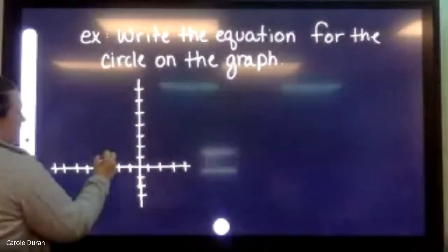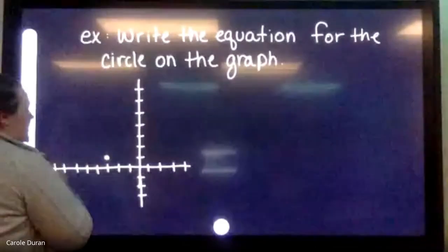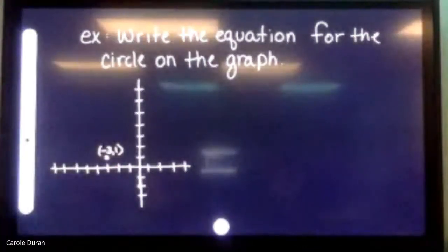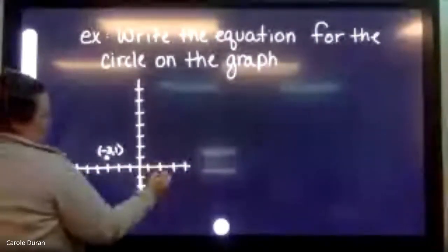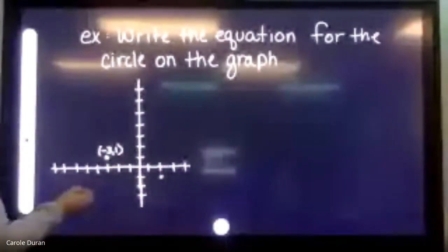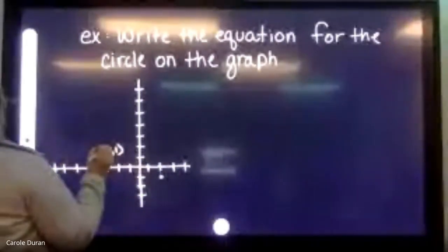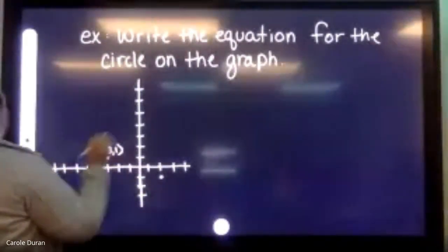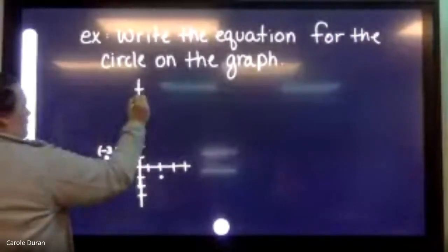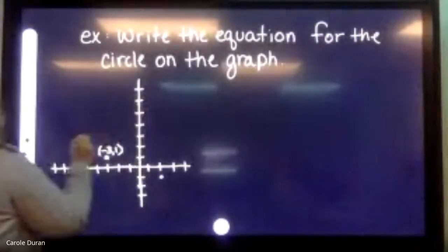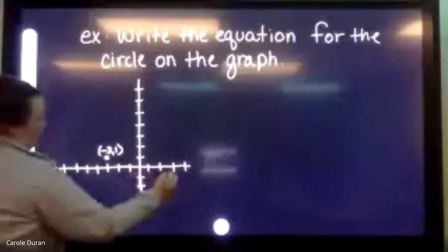Okay, so the center of this circle is at the point -3, 1. And it goes through the point 2, -1. This is the important thing.